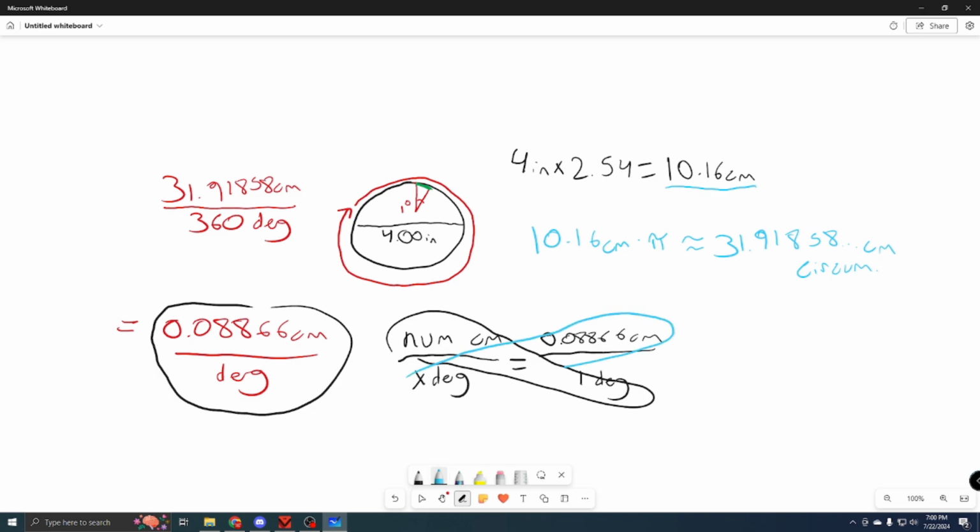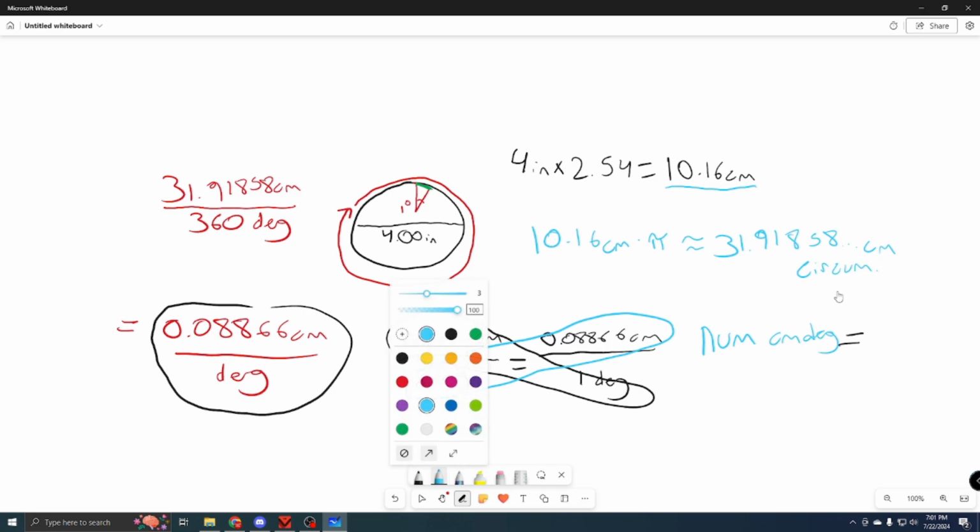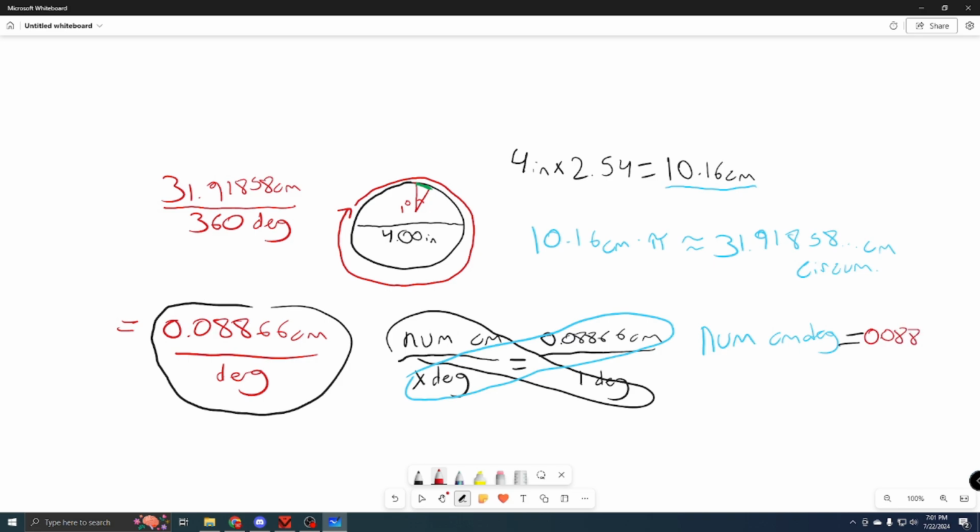So cross multiply and you get number of centimeters times 1 degree, and that is equal to 0.08866 times x degrees. We can just leave the units off for now. Let me go ahead and erase that just because it looks sloppy.